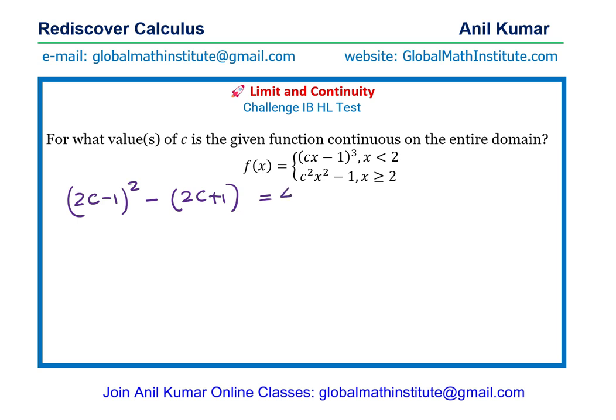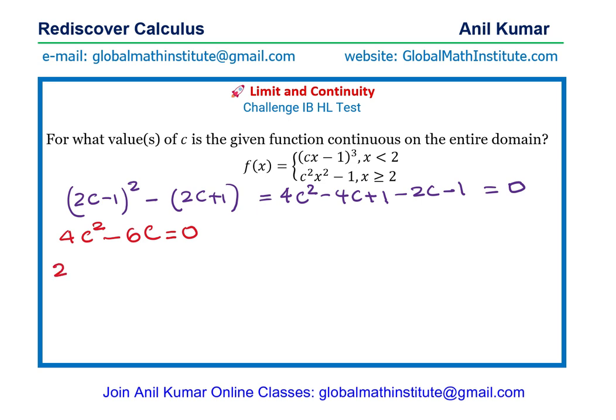So you get 4c squared minus 4c plus 1. And here you get minus 2c minus 1. Now that should be equal to 0 to get the solution. So 4c squared, minus 4c minus 2c gives us minus 6c. And then we have plus 1 minus 1, which is 0, right? Well, that's simpler.